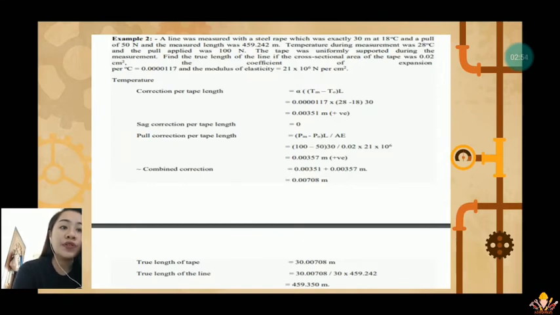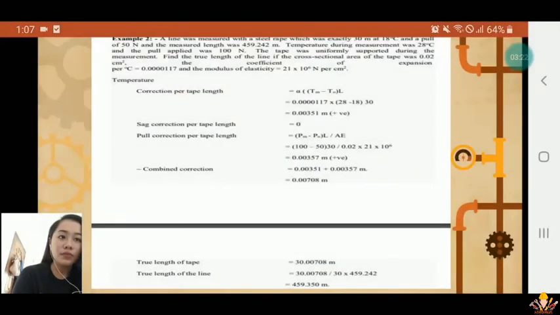The tape was uniformly supported during the measurement. Find the true length of the line if the cross-sectional area of the tape was 0.02 square centimeters, the coefficient of expansion is 0.0000117 per degree Celsius, and the modulus of elasticity is equal to 21 times 10 raised to 6 newton per square centimeter.